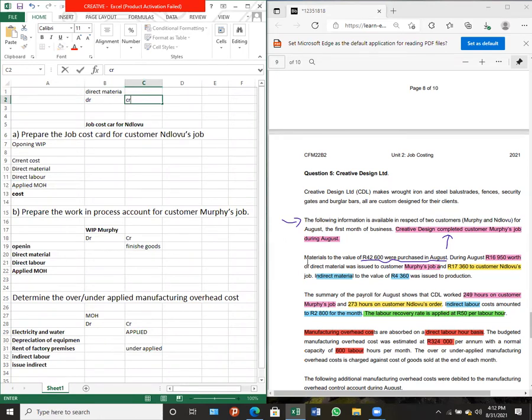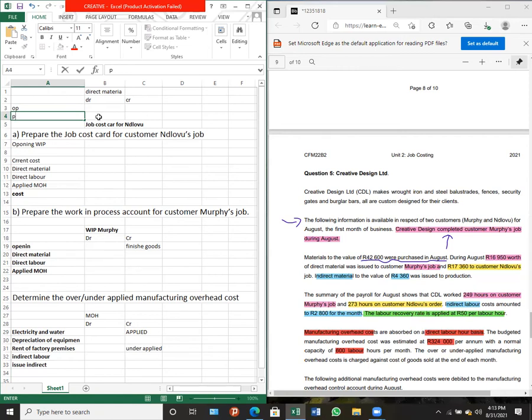This information, guys, is just here to tell you, we don't need to calculate this. But if you were required to calculate, let's say we don't know the material that we issued, ne? We have opening balance, and then we are going to have material purchased, which means this one would be on the debit side.